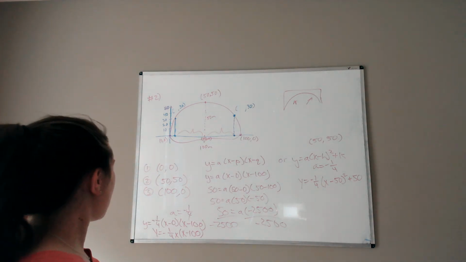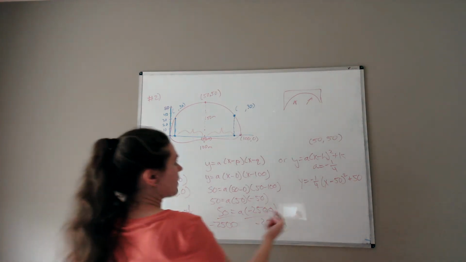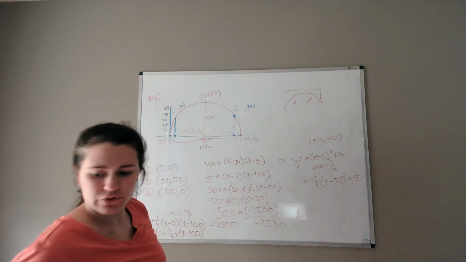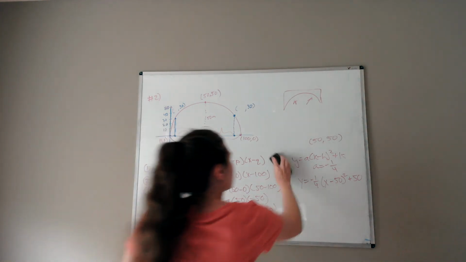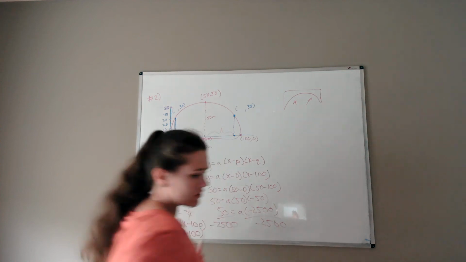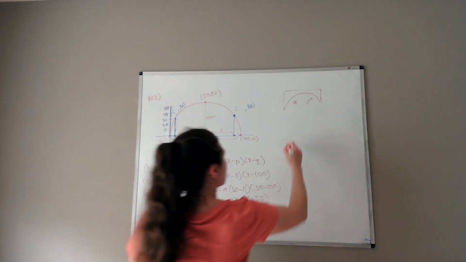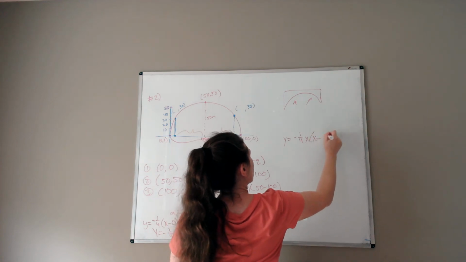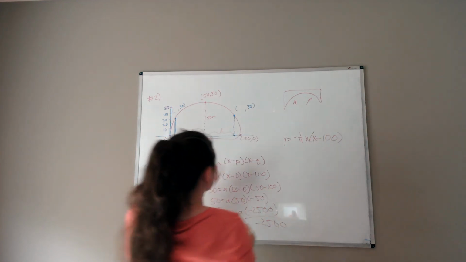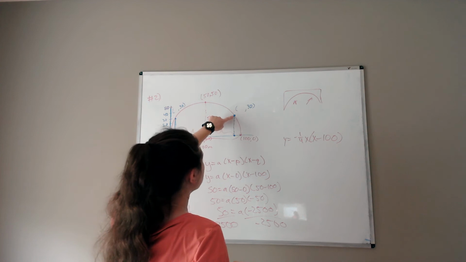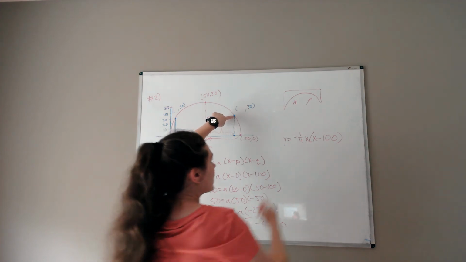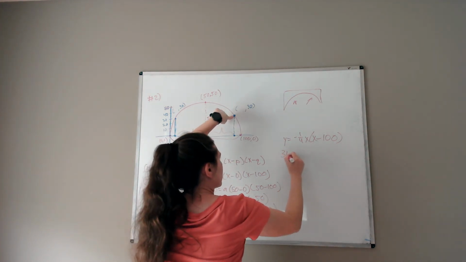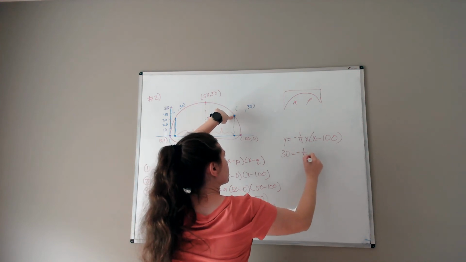So now that I have my formula, my model, it doesn't matter which one you use, vertex form or intercept form. I'm just going to use the intercept form one because I wrote it down over here. Y equals negative 1/4 x times x minus 100. And what I want to know is, what is this point's x value? So I know its y is 100, okay?